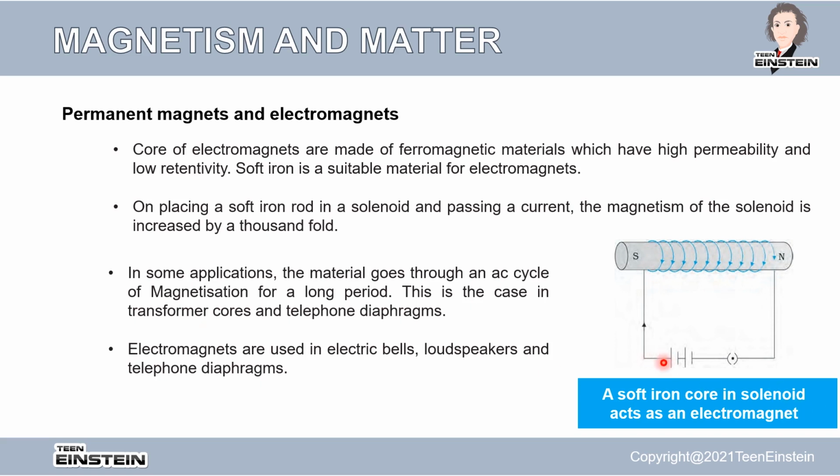AC means the source here will be alternating current, like in the case of transformer cores or telephone diaphragms. In transformers, we have two cores and solenoids, and inside the cores there are some materials which act as an electromagnet. So their AC field is playing a role. Electromagnets are used in many cases like electric bells, loudspeakers and telephone diaphragms.